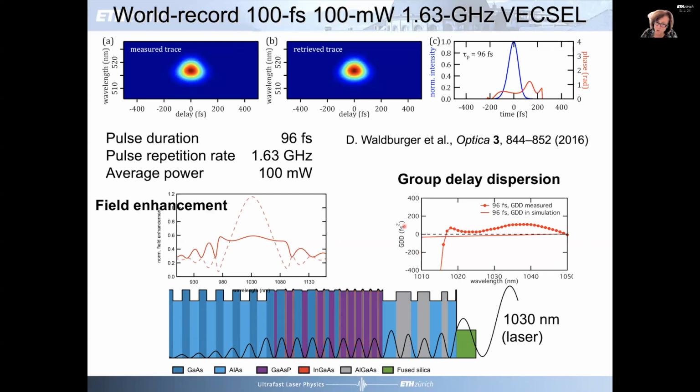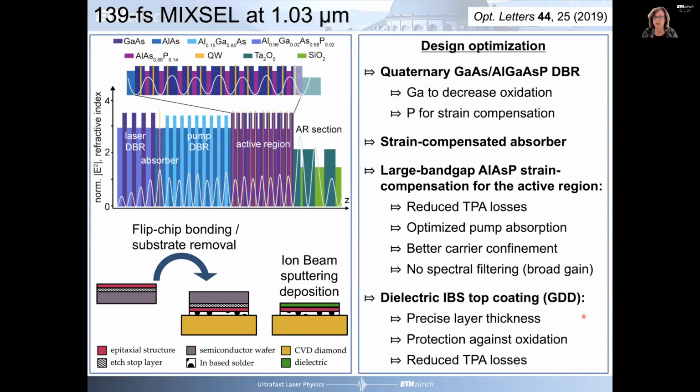So now in units of femtosecond squared, it's basically below 100 femtosecond squared. And by doing that, we could support 100 femtosecond pulses.